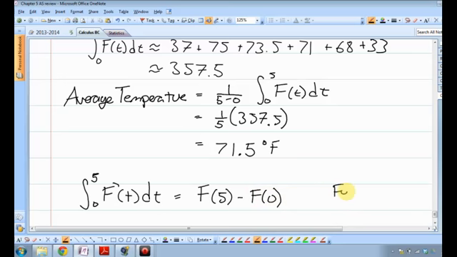That's the fundamental theorem of calculus.